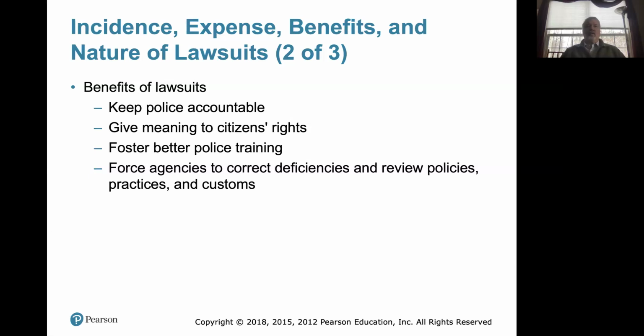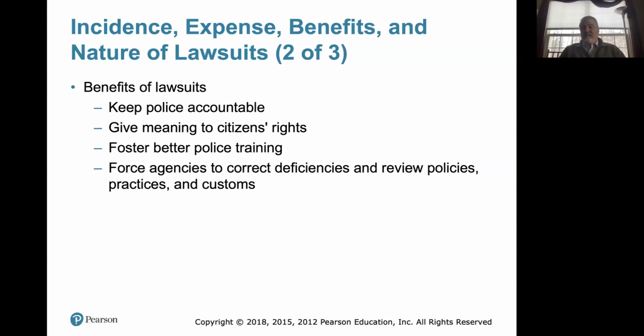This is the whole tension when we're talking about Fourth Amendment rights, protection of the individual from the state. We can talk about having those rights, but if we don't do these things like the lawsuits and the accountability measures that we use, then maybe there's an argument that those citizens' rights don't have any meaning, right?